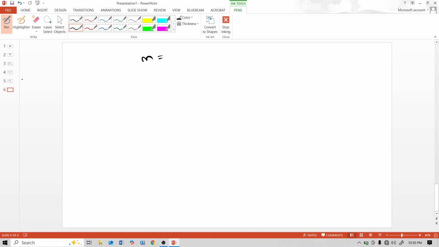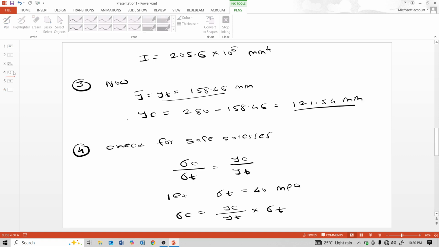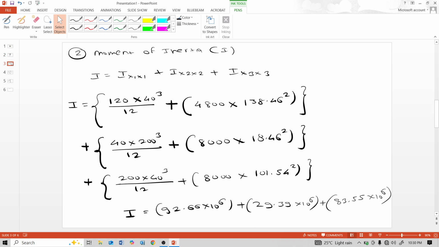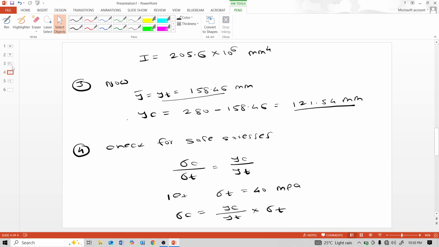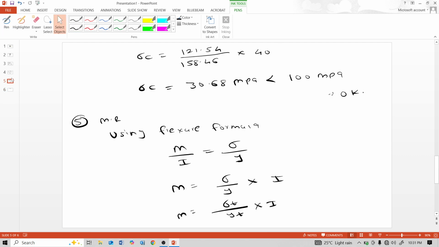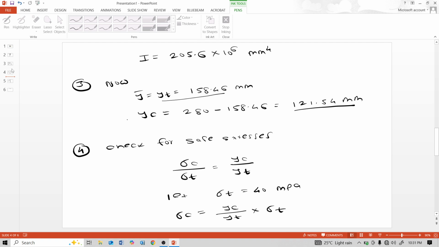M is equal to sigma T, 40 MPa, 40 into I, moment of inertia 205.6 into 10 raised to 6, divided by YT, 158.46 mm.